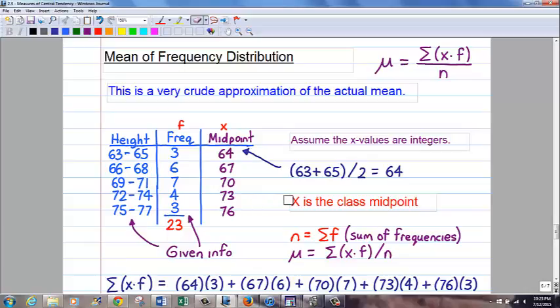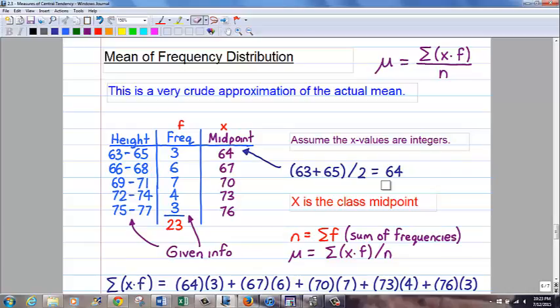Now the midpoint, the class midpoint is very easy to get. You just add the 2 ends of the intervals together, the lower limit, the upper limit, add them together, divide by 2. So 63 plus 65 divided by 2 is 64. Now, here's a quick way you can get the rest of them. If you don't trust yourself to do it this way, go right ahead and add them, divide by 2.